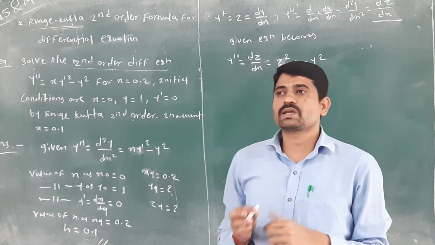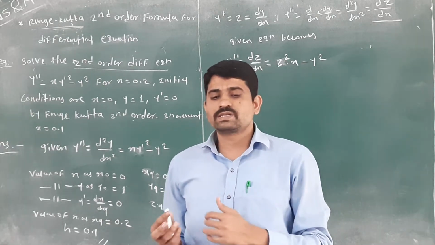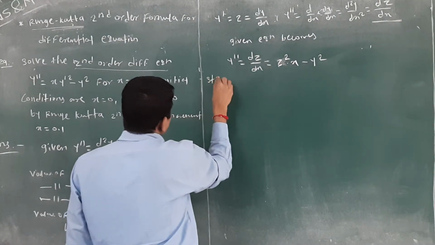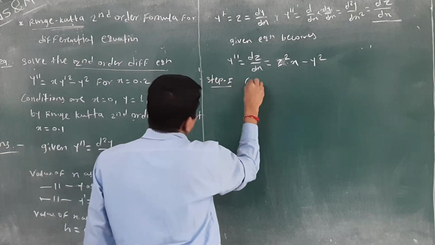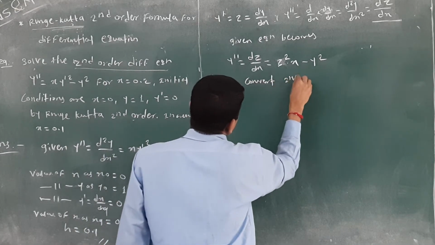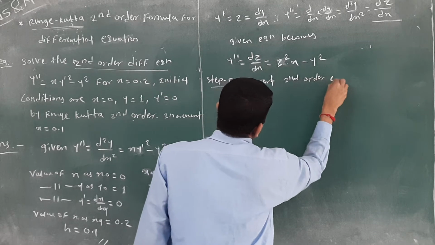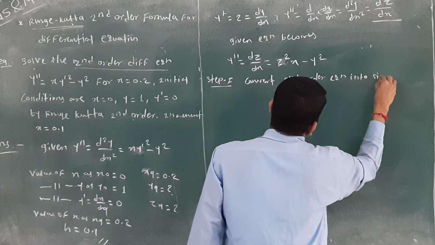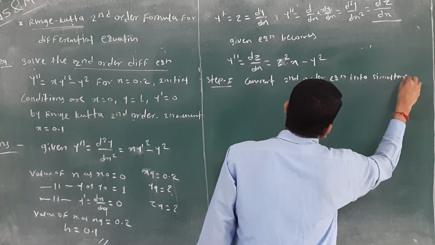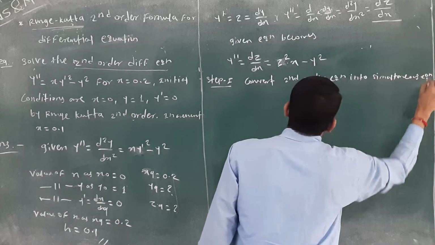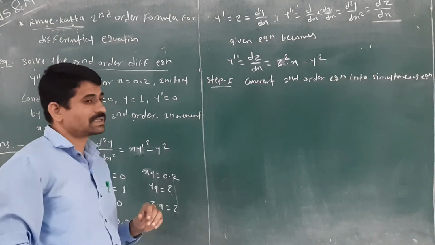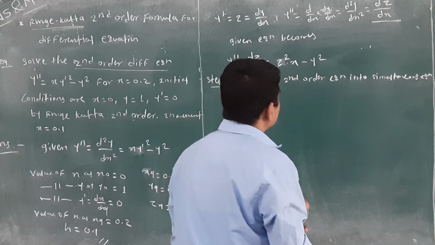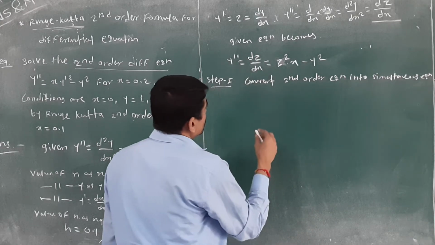Before going on to the regular steps, you have to convert the second order equation into simultaneous equations. Step number 1, remember, you have to convert the second order differential equation into simultaneous equations. How do we convert that?